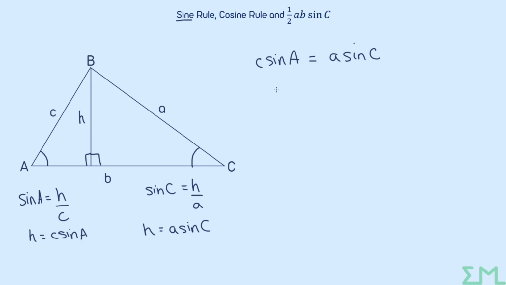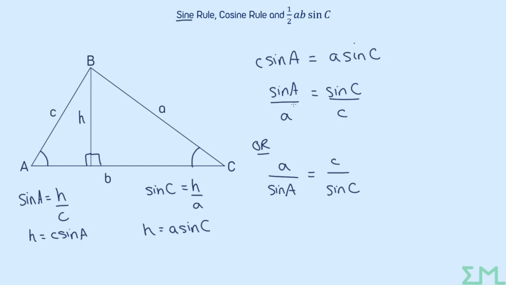So I can either keep my sine functions on the top, so I can divide down by the a on that side and divide down by the c on this side, or I can do the dividing by the sine functions, leaving my lowercase c and lowercase a on top. So I could have a over sine A equals c over sine C.